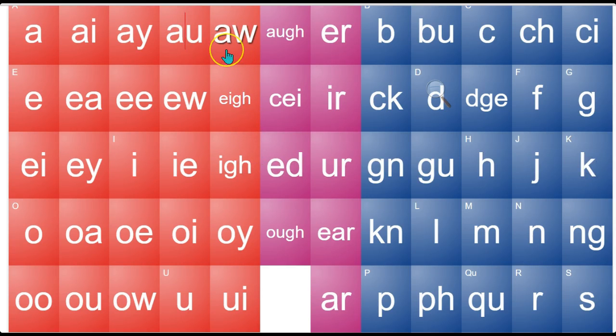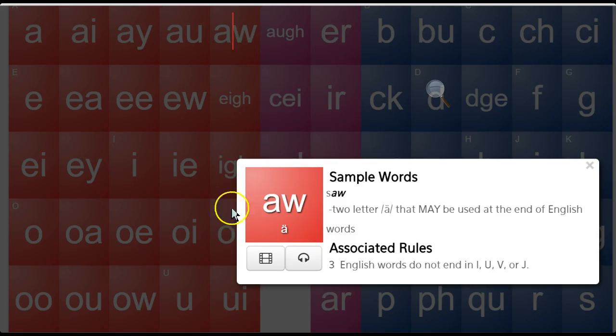So we have another one, the AW. Take a look at the AW, and it sounds like this. Ah, two-letter ah that may be used at the end of English words. The sample word is saw.